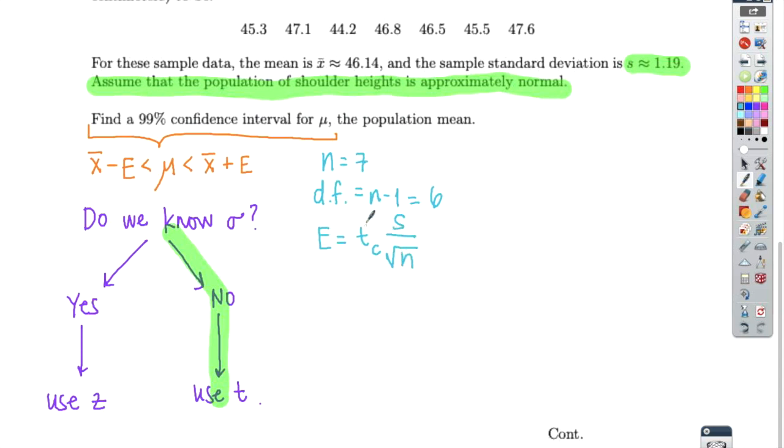It's not quite as easy as the z table where we just look through a list of 10 critical values. For the t distribution, it all depends on the degrees of freedom. So I'm going to flip to that table in the back. Oh, and there's one other thing that we need, which is the confidence level. I'm going to take with me 2 pieces of information. First, I want a 99% confidence level, and my degrees of freedom are 6.